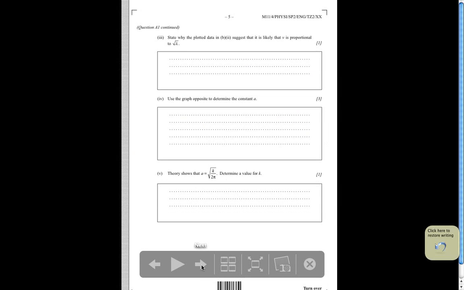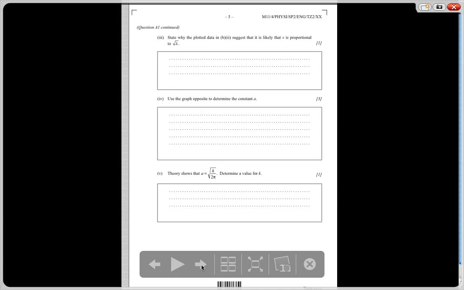Going on to this one over here, now we have got that A, so A is 1.2 is equal to the square root of k over 2 pi. Obviously we're going to square that, and then we're going to multiply it by 2 pi will give us our k value.